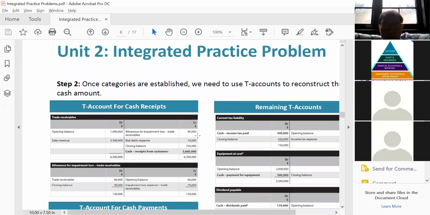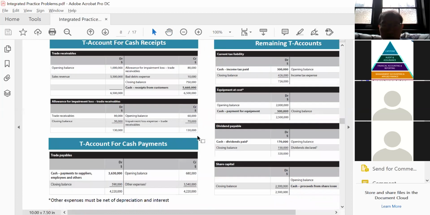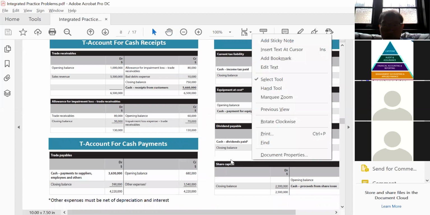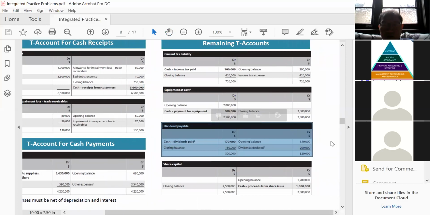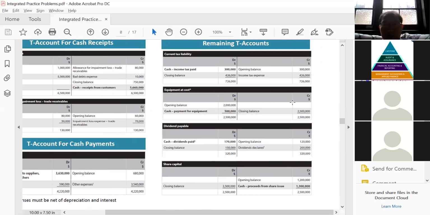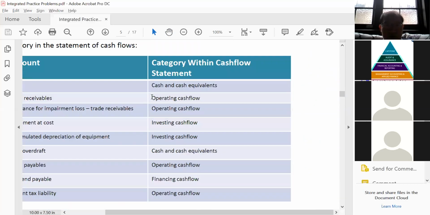If we look at another one, this share capital account, it is going to be in equity. The share capital account has an opening balance along with a closing balance: this opening balance of 1.2 million, this closing balance of 2.5 million. Where is that from? Again, that is going to be from the information. So we go back and look at share capital.